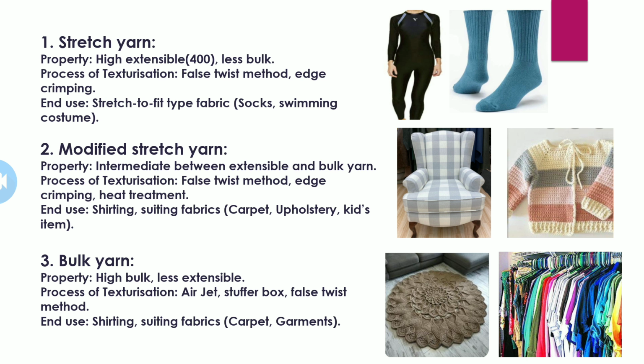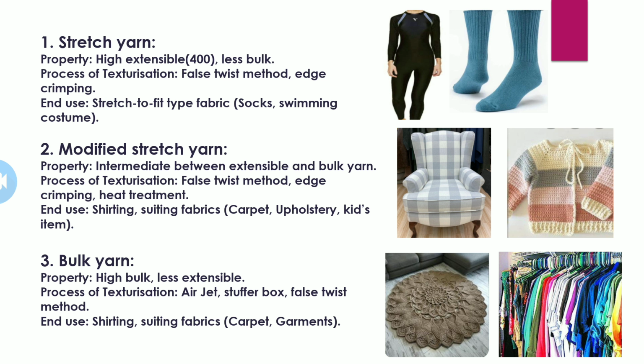Process of texturation: false twist method as crimping. In use, these yarns are mostly used for skin-fit type of fabric. So here we see a beautiful swimming costume and beautiful socks. These fabrics are made by stretch yarn.